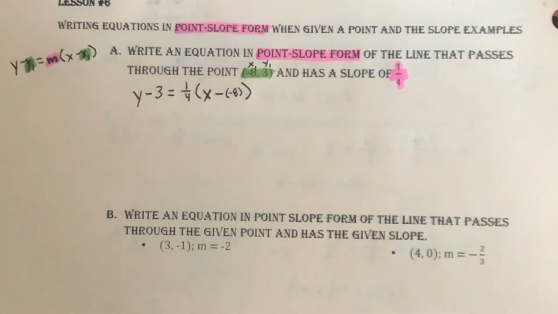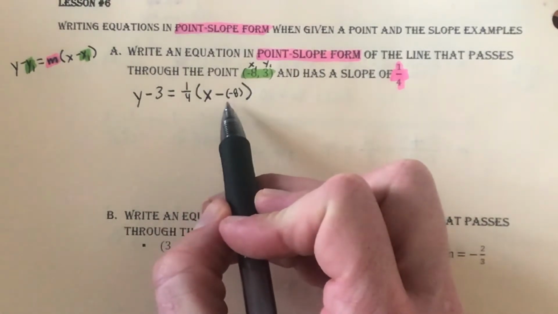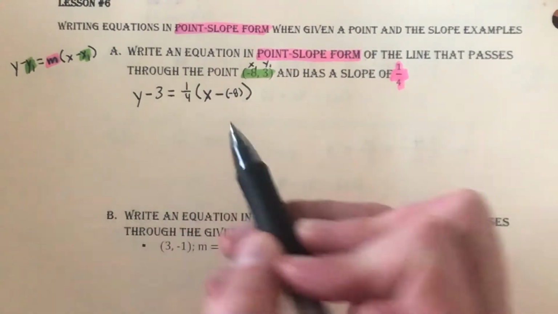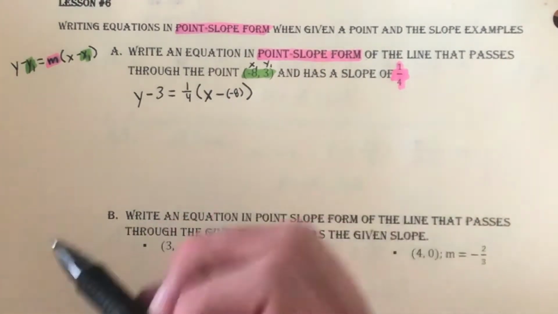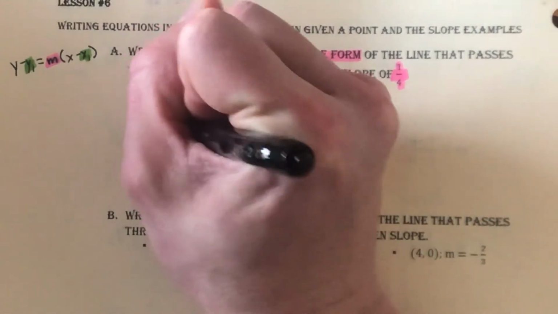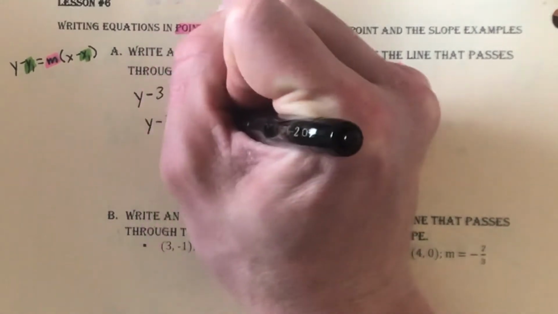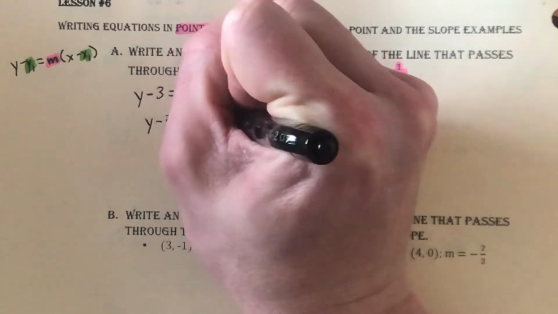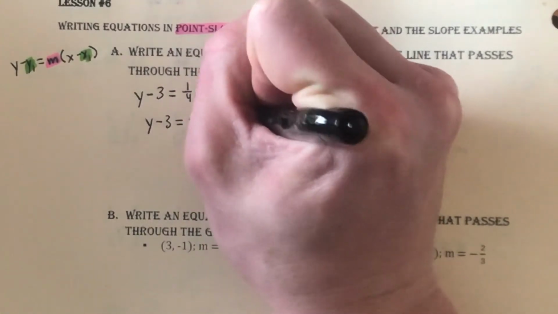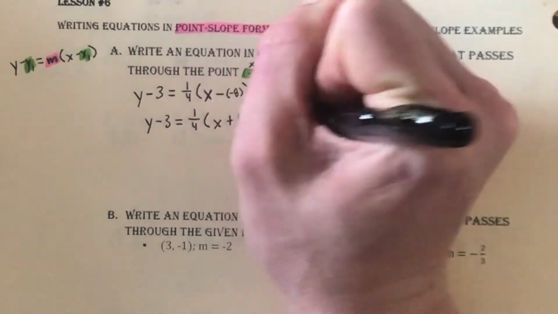The only thing I really need to do to simplify this, and I could have done it right at the beginning, but I want to make sure we're plugging things in correctly, is I've got this double negative right here, and I need to turn that into a positive. So the final form of point-slope form should look like this: y minus 3 equals 1/4 times x plus 8.